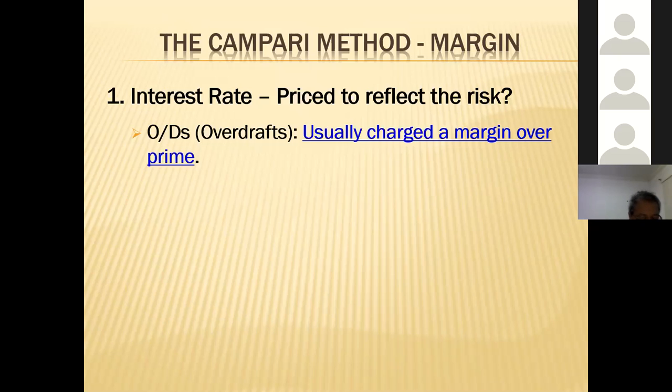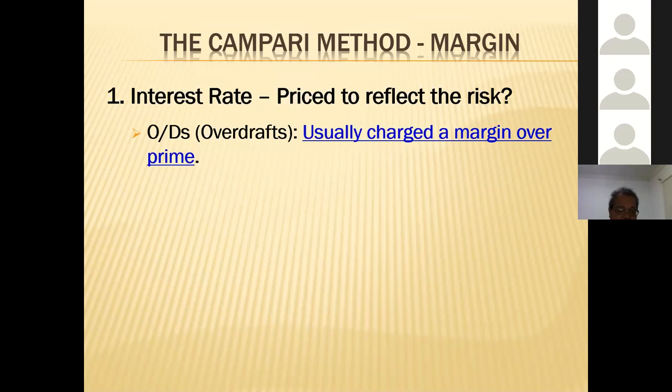Overdrafts are usually charged a margin over prime. What that means is the prime lending rate. Let's begin by talking about the central bank prime.